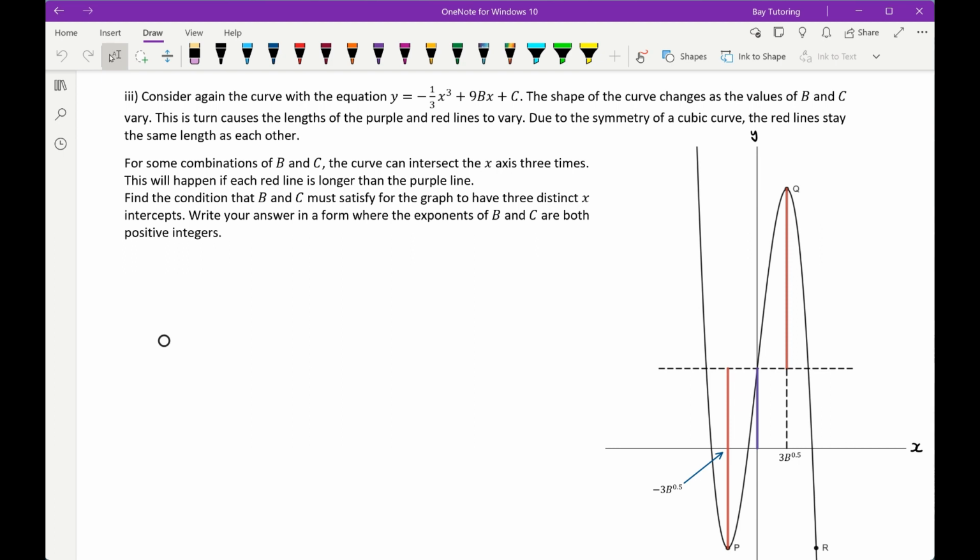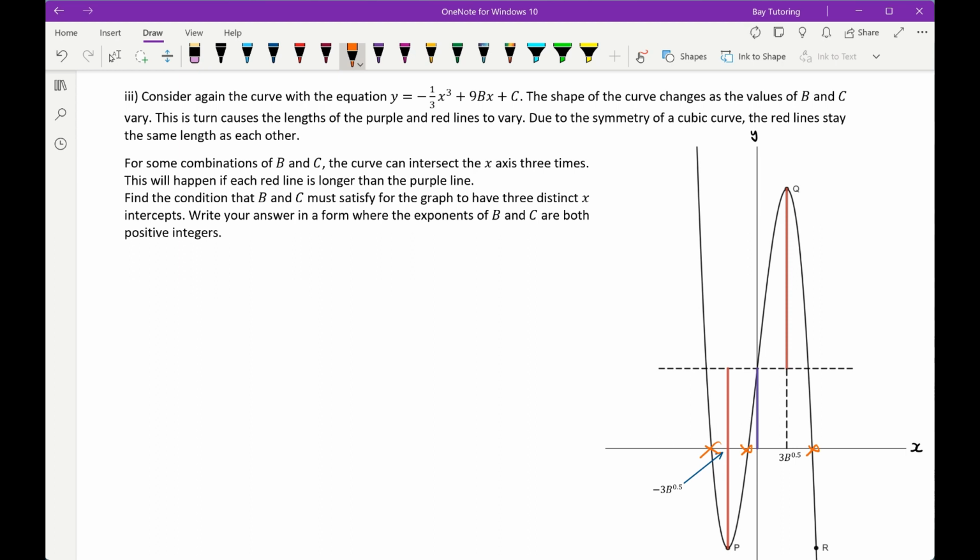For some combinations of b and c, the curve can intersect the x-axis 3 times, like this one in this diagram. It's got 3 x-intercepts. If I mark those, they are here, here, and here. So there would also be a combination of values where it could potentially have 1 or 2 x-intercepts as well.